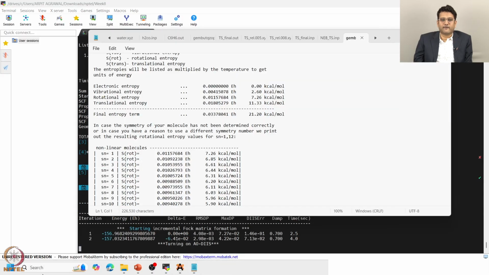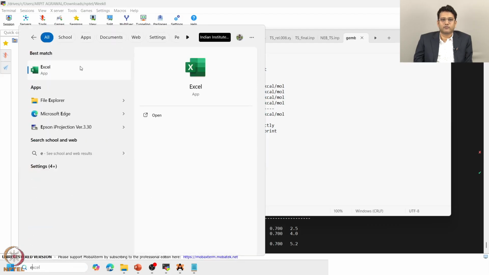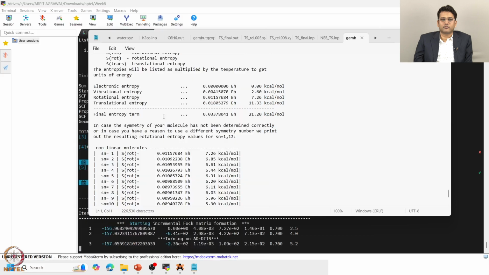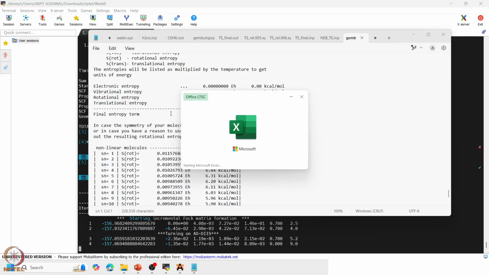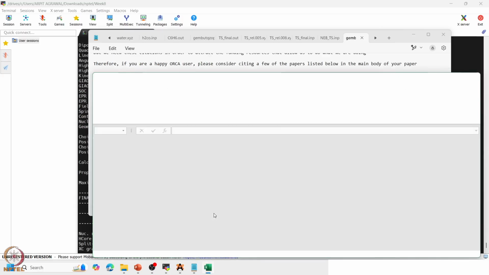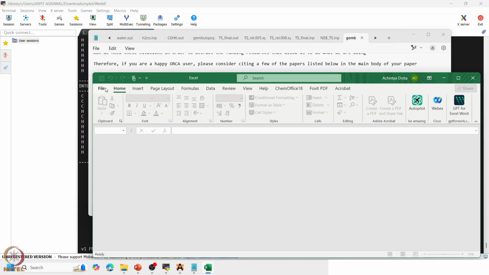So I prepared an Excel file like we have done in the previous cases. This file does not exist, we can make one.